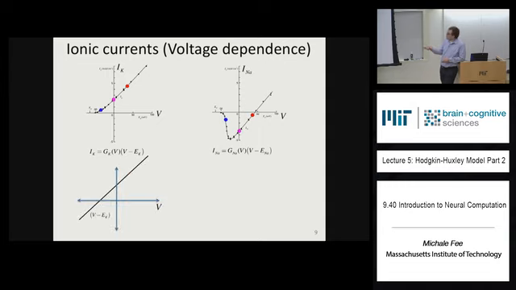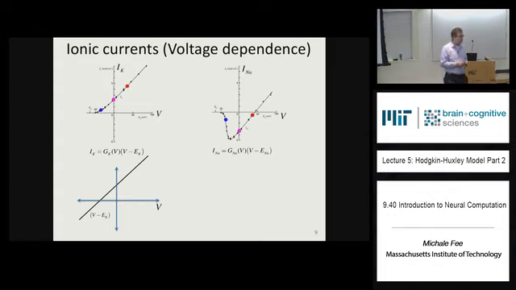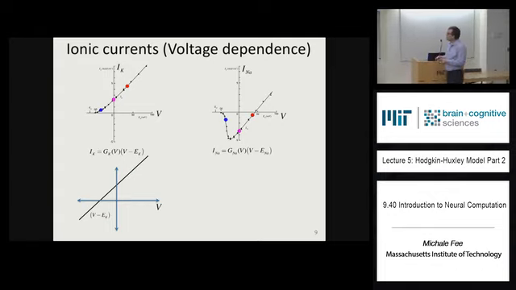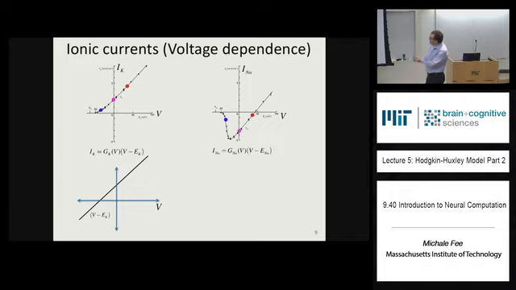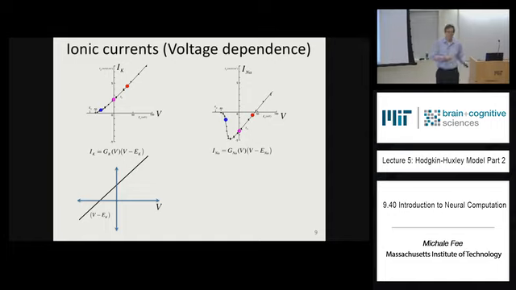All right? So there is the driving potential for potassium as a function of voltage. Now, you can see clearly that the conductance as a function of voltage has some voltage dependence because this doesn't look like this. So the difference between this and this is captured by this voltage dependent conductance.